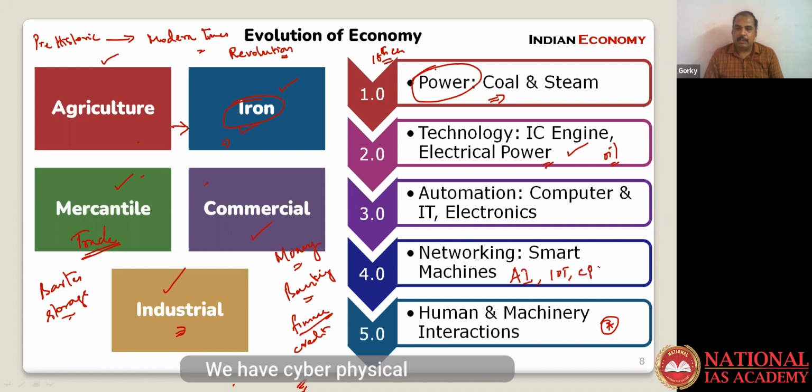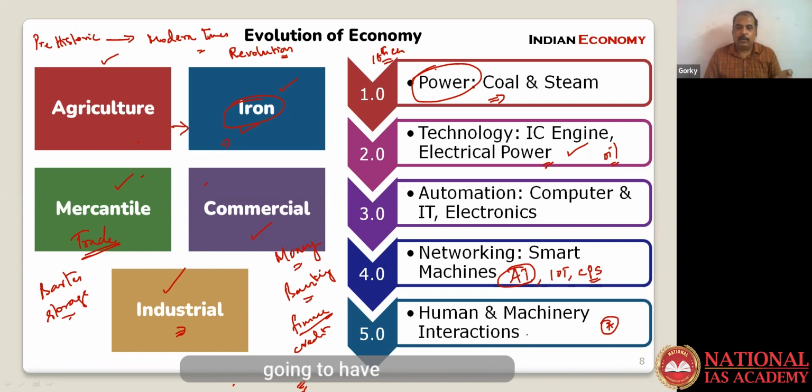We have cyber physical systems. All these are networking of smart machines using artificial intelligence, right? Tomorrow, in future, now you are networking the machines. Tomorrow you will have humans and machines working together with some interactions, right?